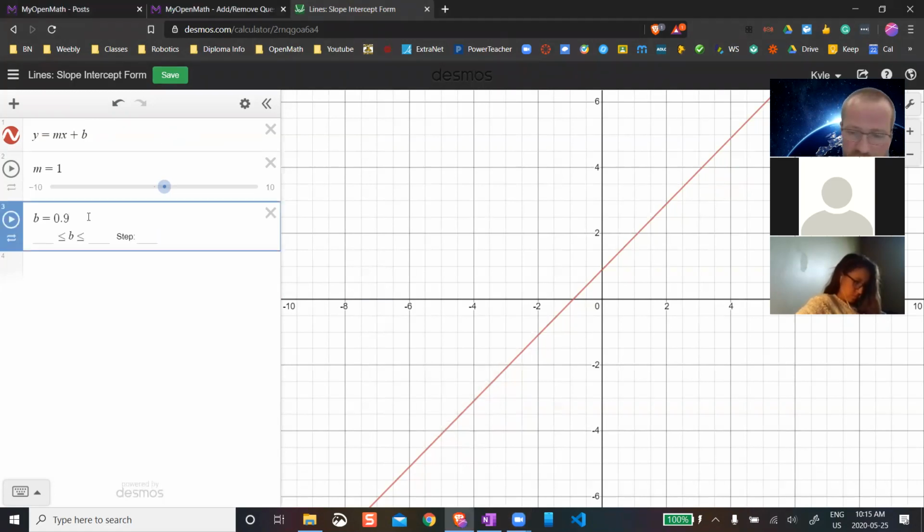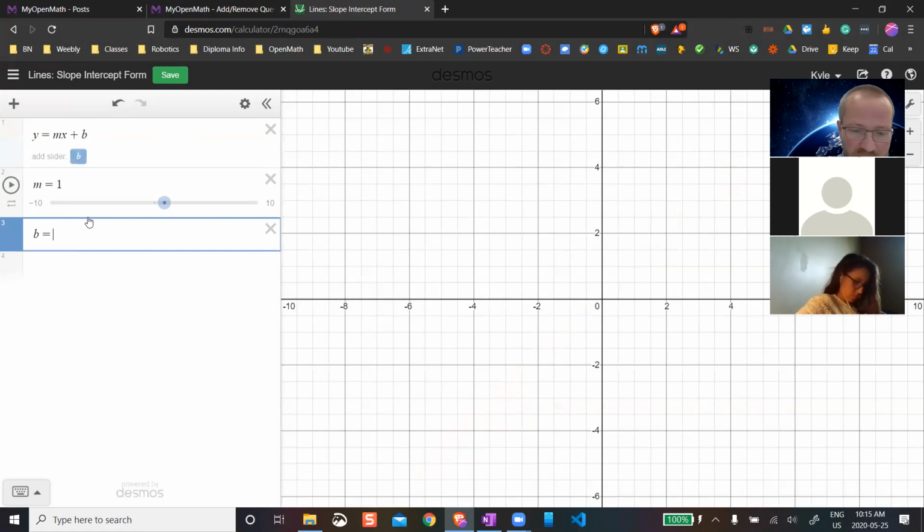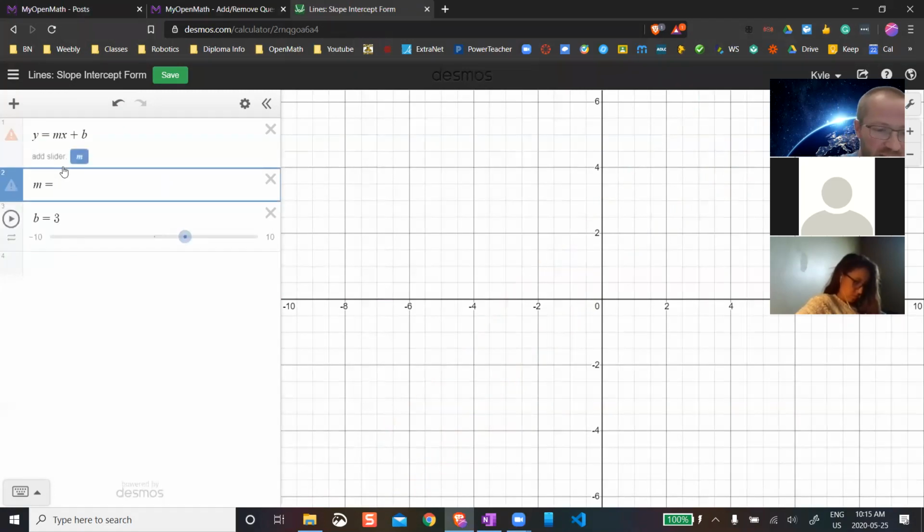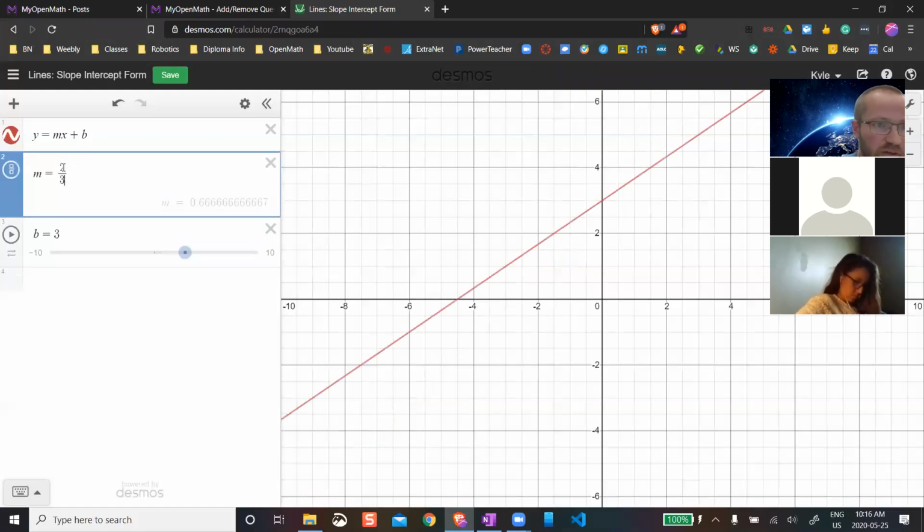Okay, so let's make our b value maybe like 3. And now our slope, I'm going to make that like 2 over 3. Okay, so a slope of 2 over 3.